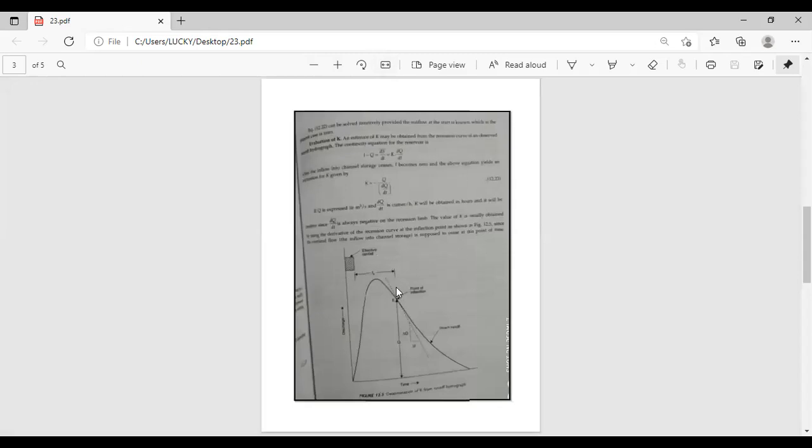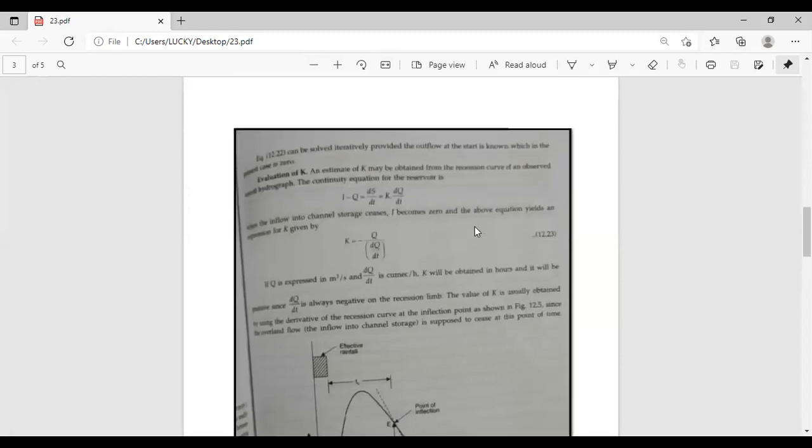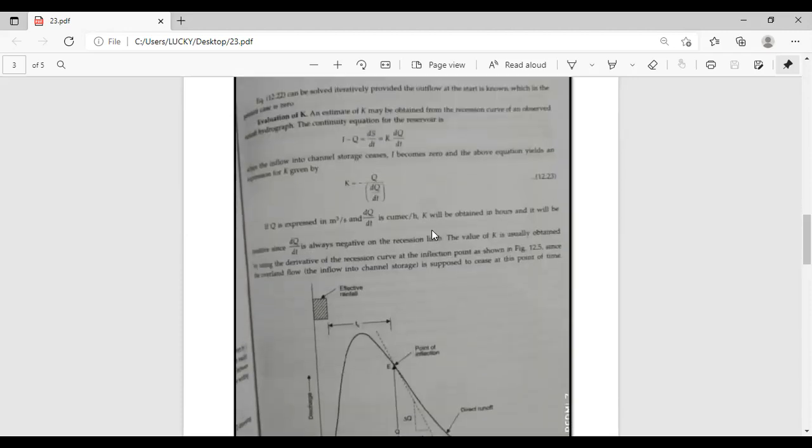Here, guys, from this figure, an estimate of K may be obtained from the recession curve of an observed runoff hydrograph.